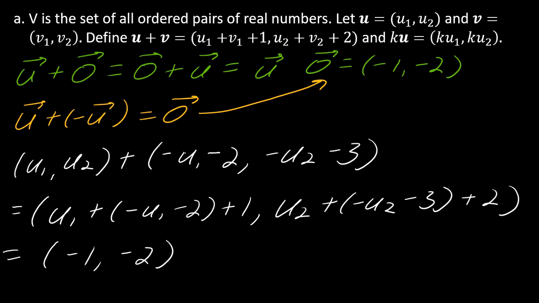And now I got to the 0 vector. So my -u is going to be of the form -u1 minus 2 and -u2 minus 3. So the negative vector axiom holds here. It's just kind of goofy because of how this operation has been defined.